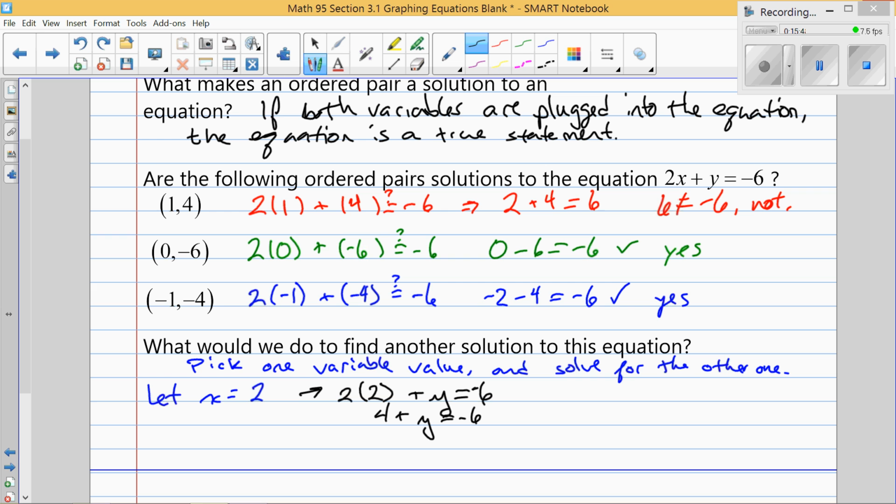And I need to isolate that y value, so I'm going to subtract 4 from both sides. And I wind up with y equals -10. So another solution to this equation would be the ordered pair (2, -10). That's how we would find another solution.